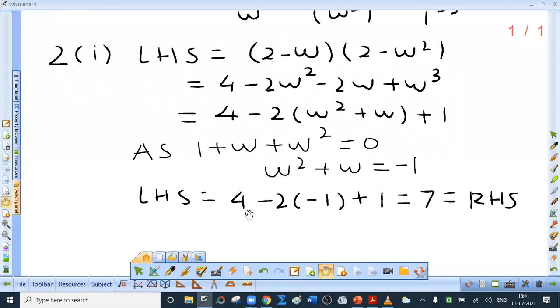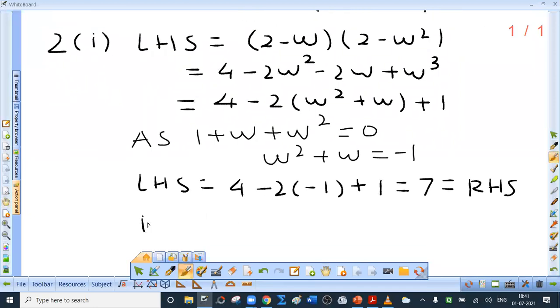After that, you have to say that is 2 minus omega. This is important. See, for presentation, marks are there. Okay, that's it. Actually, after sufficient practice, let me explain.